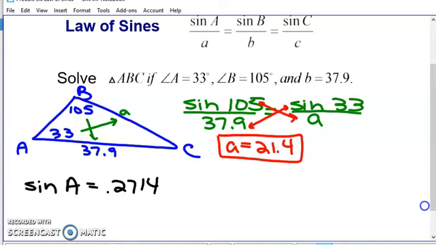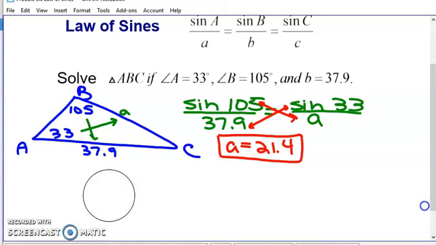So if you're looking for an angle, you have to do inverse sine to find it. So that might come up in your homework. And then whatever your answer is, that would be your angle. I'm going to erase that because it doesn't have anything to do with that problem. I think it's going to come up more in the next section, but I just wanted to mention it in case.